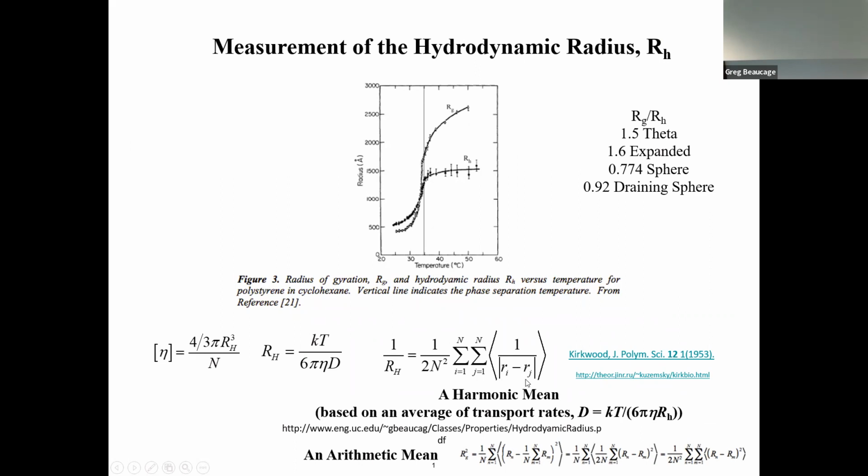But again, it's going to depend on whether it's draining or non-draining. So if it's a Zimm model, then it's not draining, and the polymer coils into a sphere. If it's totally draining, then it's this equation to calculate RH, and they're going to be different numbers.